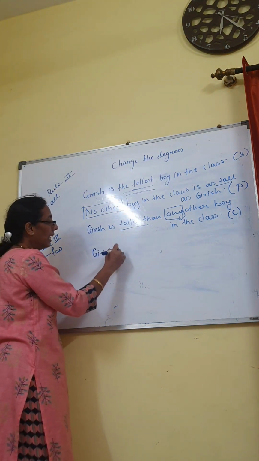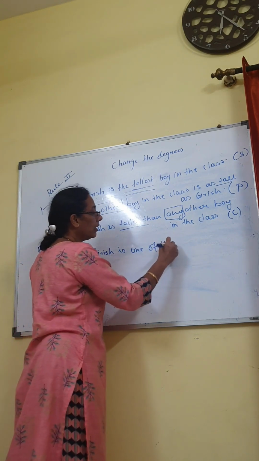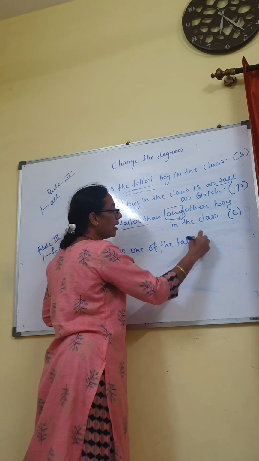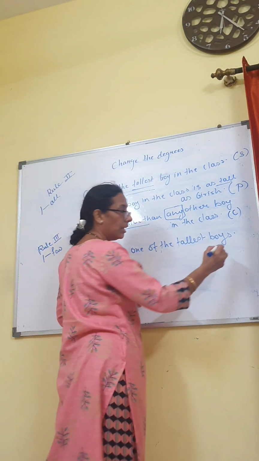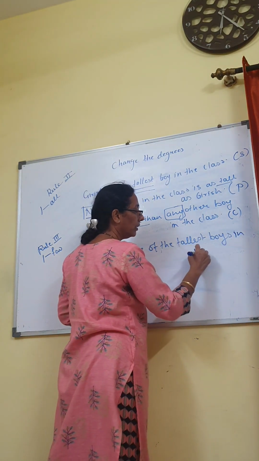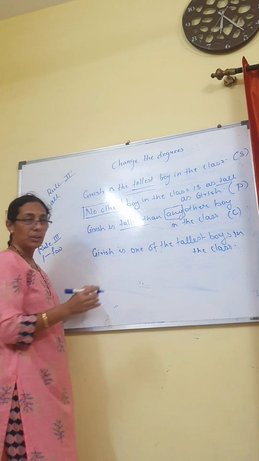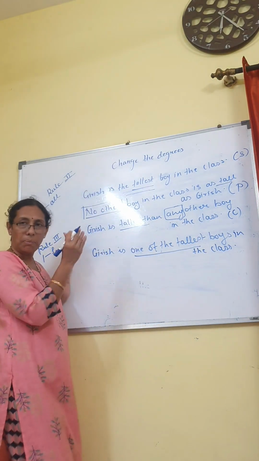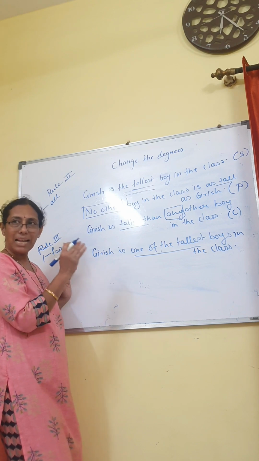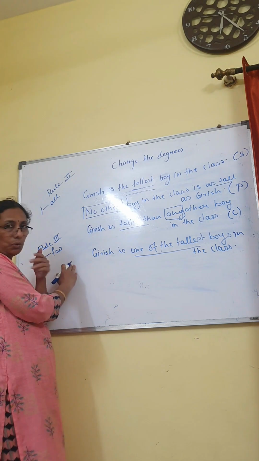Girish is one of the tallest boys in the class. Okay, so how will you go here? One of them means some boys are there who are as tall as Girish. There are few boys, so therefore I have called this 1:few.